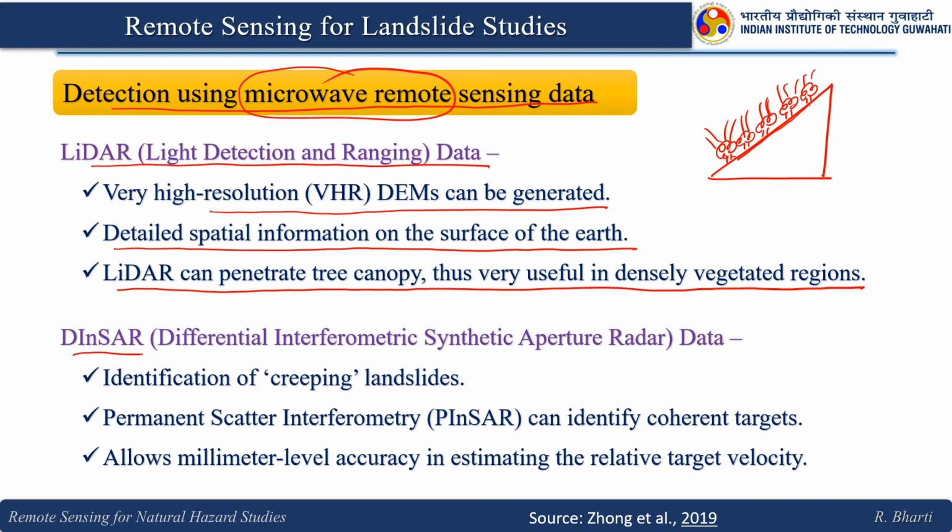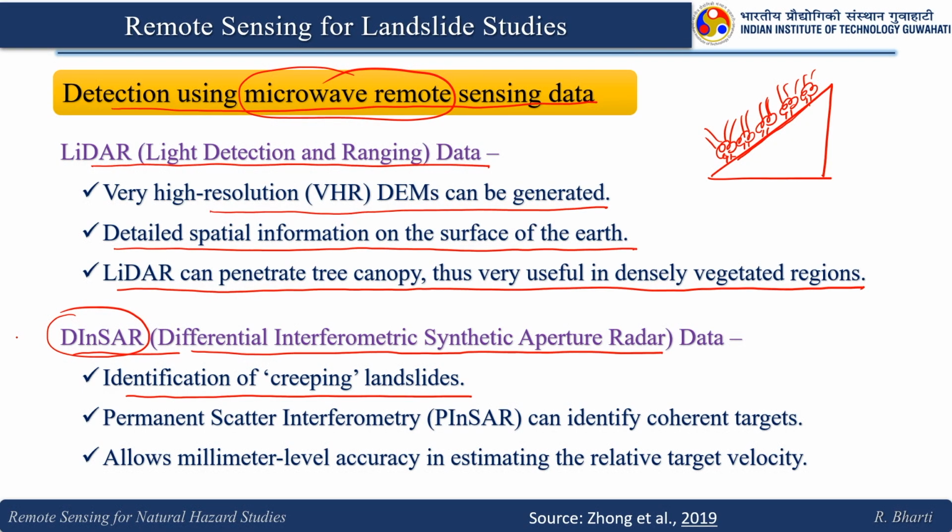Now comes DInSAR, differential interferometric synthetic aperture radar. It is useful in identification of creeping landslides, because if you remember, creeps are very slow. We need a method by which we can identify millimeter level creep or changes, and that comes with differential interferometric SAR.